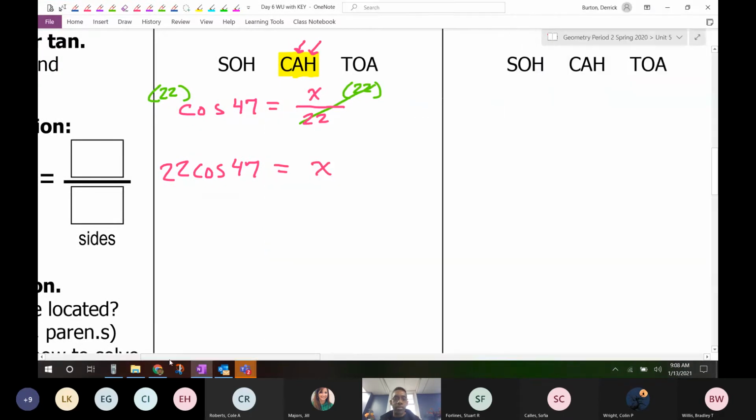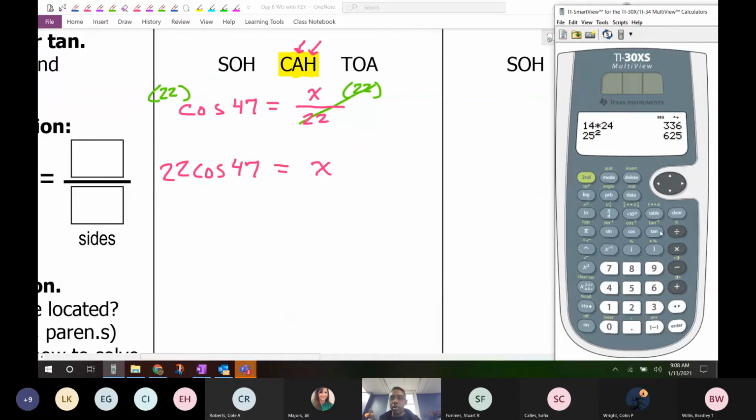Okay, come back, calculator. So I'm just going to type in 22 cosine 47. So that's 15.004. Got to round up.